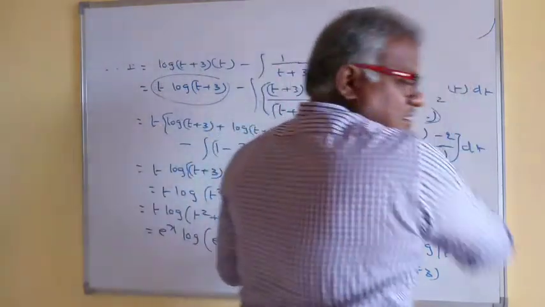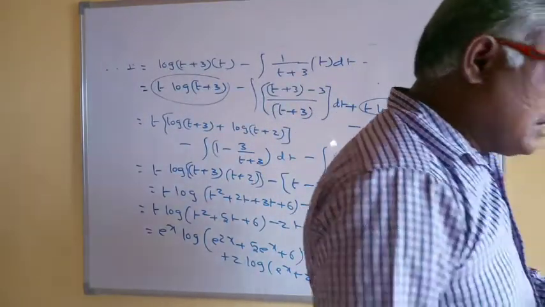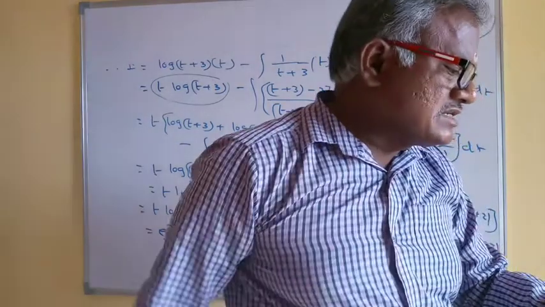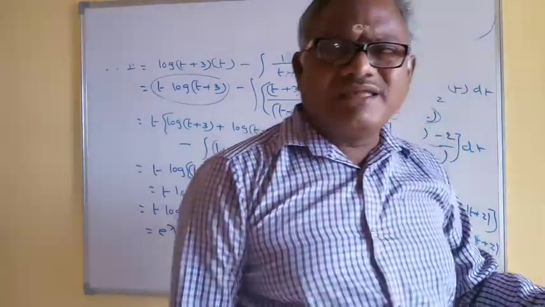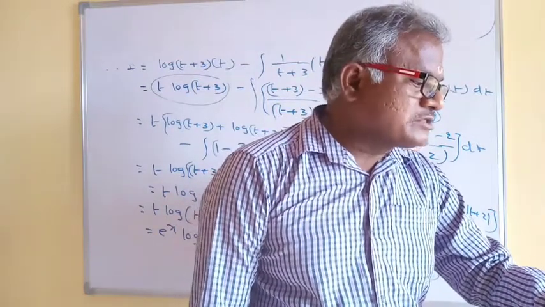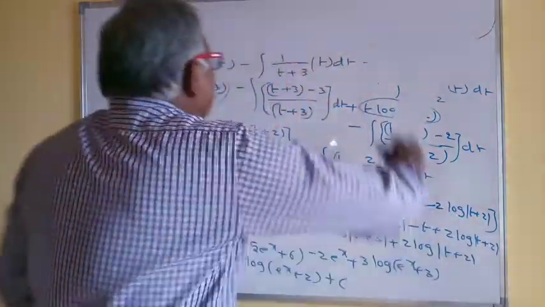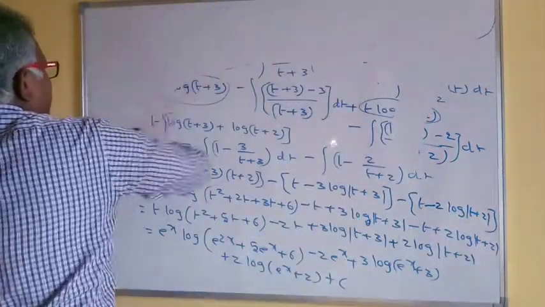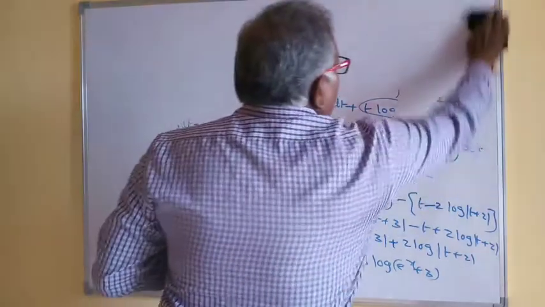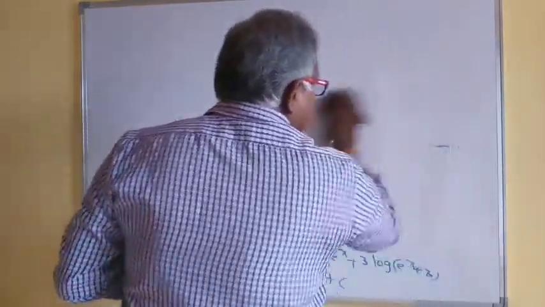For the Roman number 2, last problem, because the 16th and 17th are already over. So for Roman number 2, last problem, 18th problem: integral of cos of log x dx.